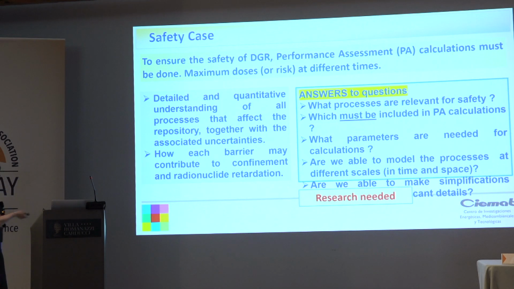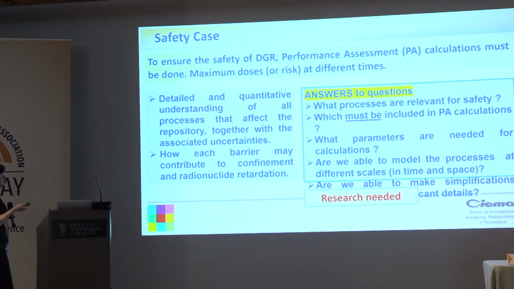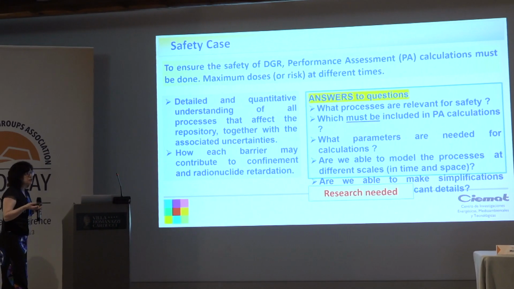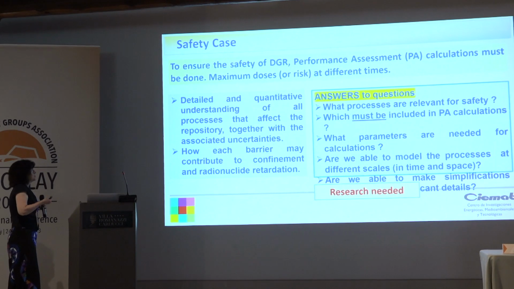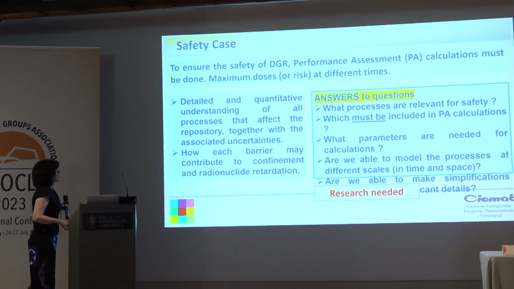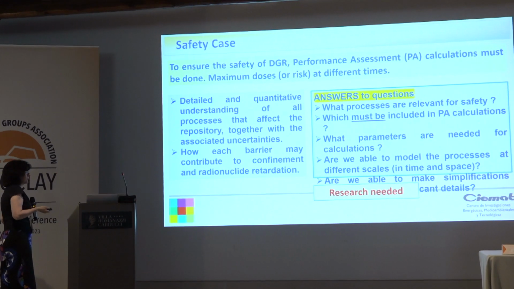Because we need to ensure this safety, we have to make performance assessment calculations, which is basically the calculation of the possible risk, translated to the maximum doses that we have at different times. So, which processes can be and must be included in the PA calculation?